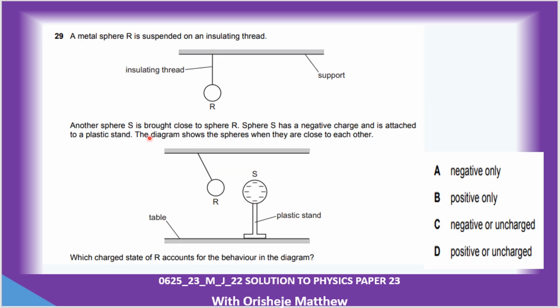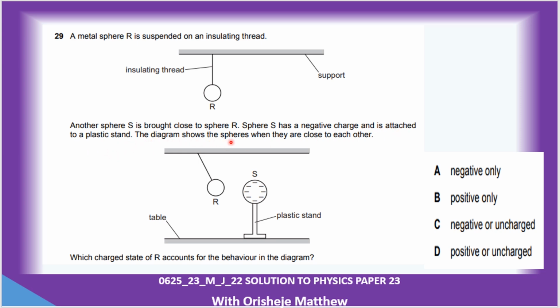Okay, question 29. You see a sphere R suspended on an insulating thread. Now another sphere S is brought close to sphere R. S has a negative charge and is attracted to the plastic stand.